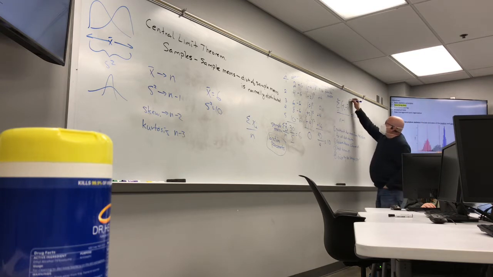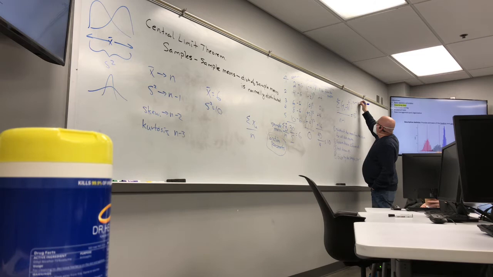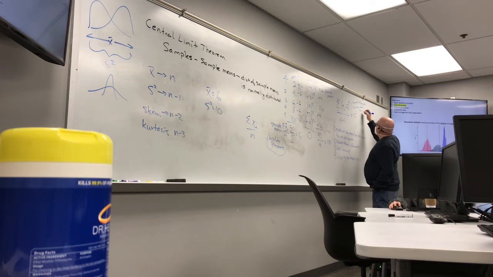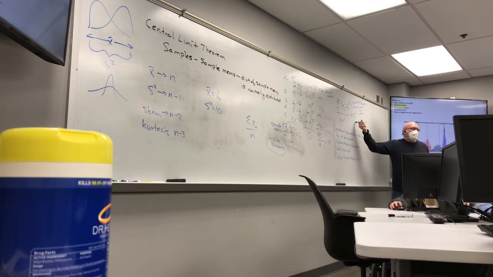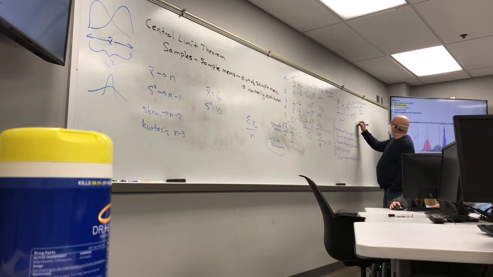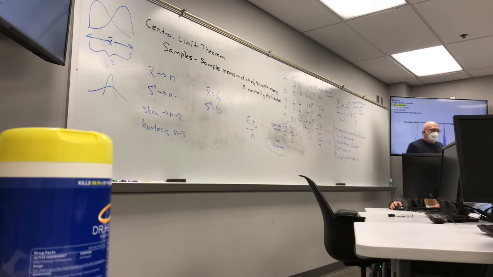This numerator is the sum of the squared deviations from the mean. The S here stands for sum. It's the sum of the squared deviations from the mean.